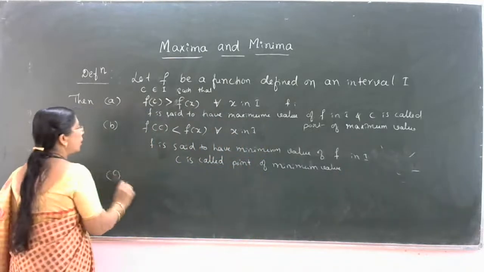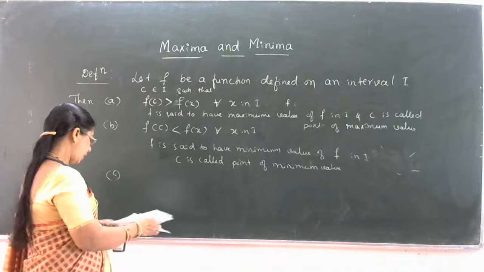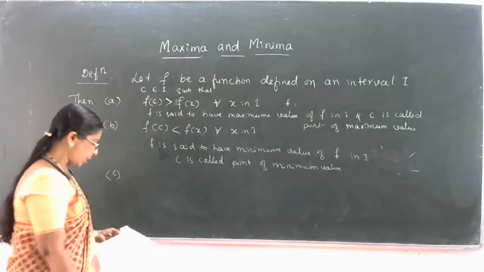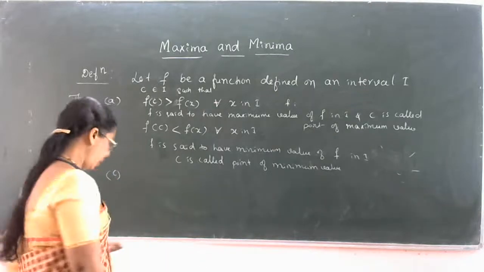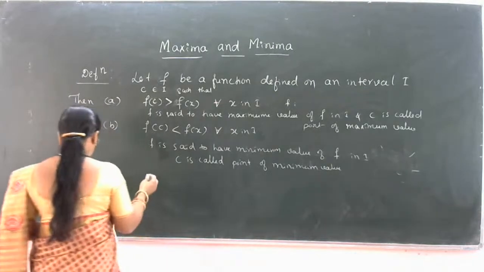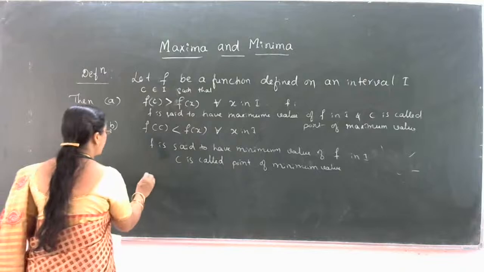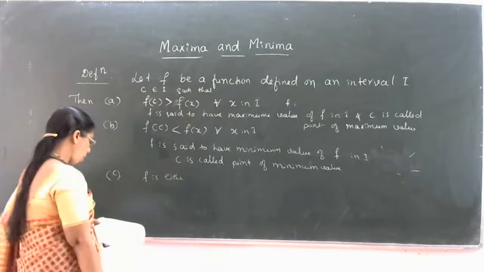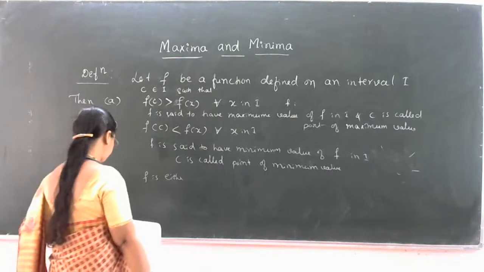Then f is said to have extreme value if there exists a C in I such that f of C is either a maximum value or a minimum value.